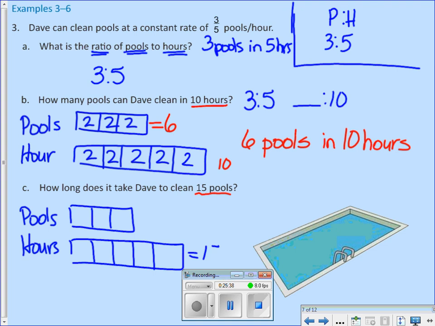Do I bring it down here for the hours again? No. Is it my pools? Okay, so the 15 is going to go here because it's 15 pools. So I have to take that 15 and divide it among the 3 pool boxes. What's 15 divided by 3? 5. So now I know my constant is 5.